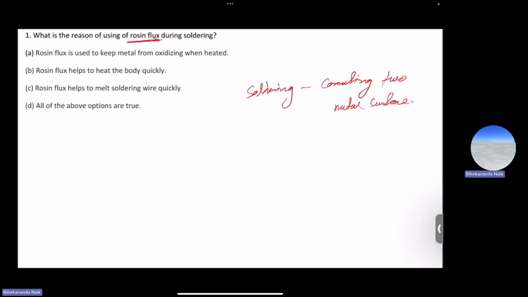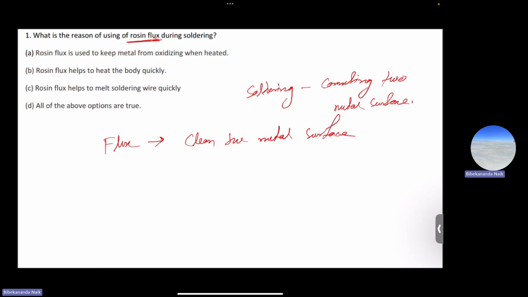So if there are impurities on any metal surface, then there will not be any proper connection between the metal surfaces. So the main purpose of the flux is to clean the metal surface, and it cleans the metal surface by removing any oxides and the impurities that might have been present in that metal surface.